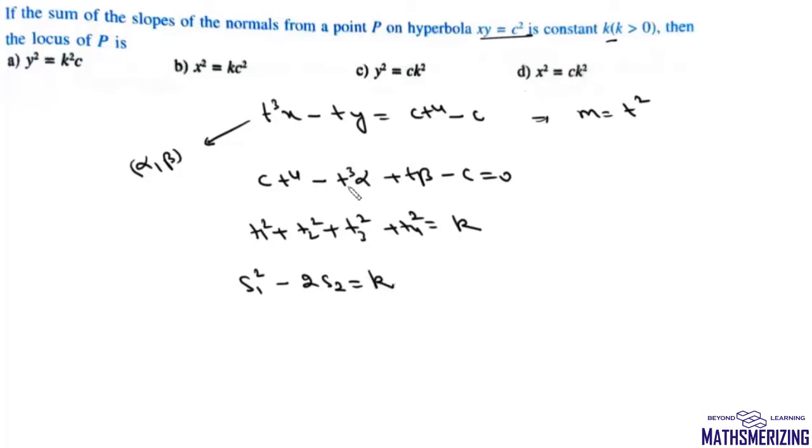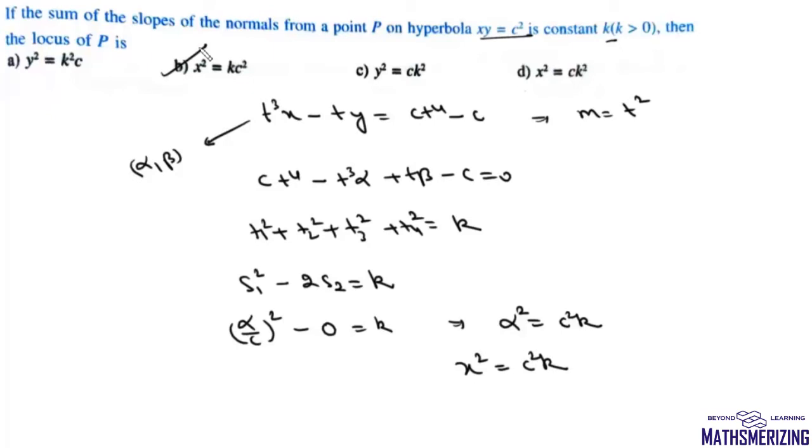Now what's s1? s1 in this case is alpha upon c, so it will be alpha upon c square. S2 is 0 and this is k. So we'll get this locus as alpha square equals c square k. So this required locus will be x square equals c square k, and that's your option B.